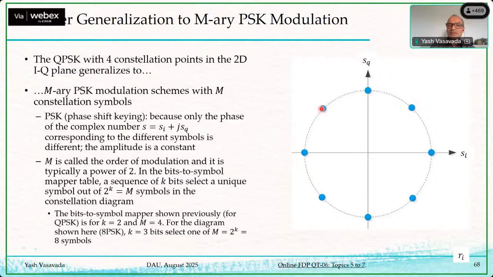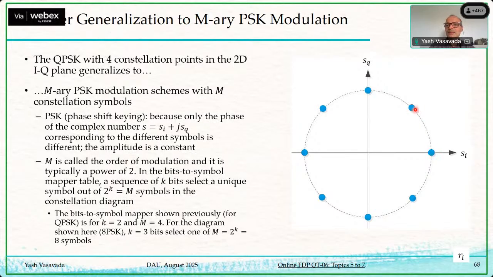And those 8 symbols are located like this along a circle. Again, the squared radius of the circle is the energy of that symbol. And then the mapping is what the designer will set. Maybe one way is that when you get 0, 0, 0, 3 bits are zeros, you transmit this symbol.